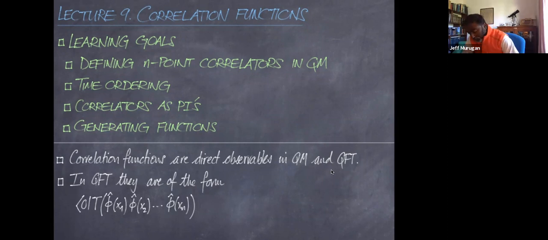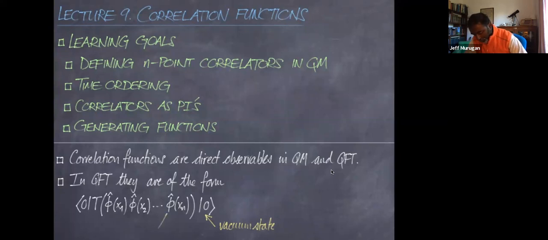And I'll expand on each of the elements of this just now. So these are of the form like this, where this here is a vacuum state of whatever theory we're looking at.